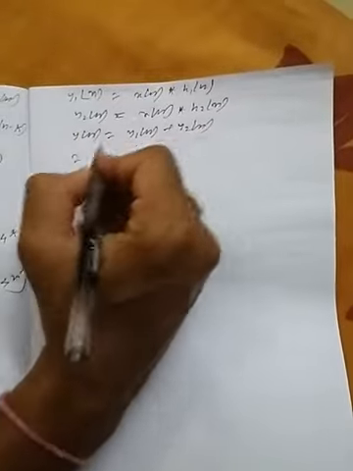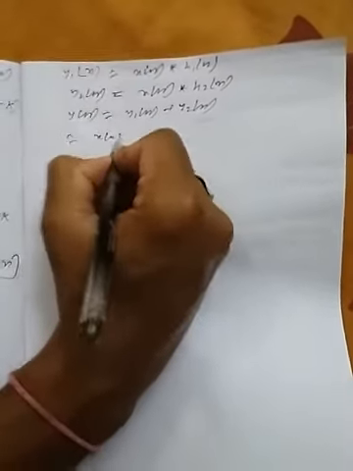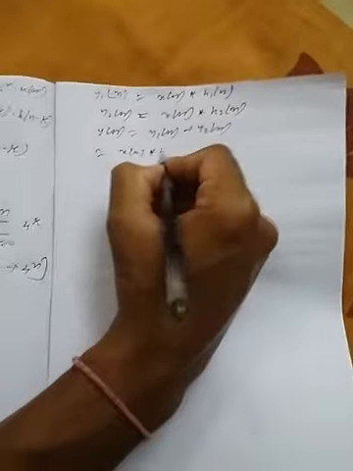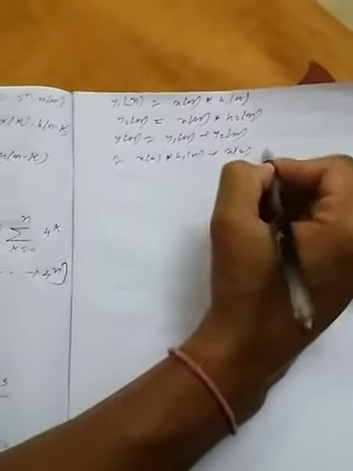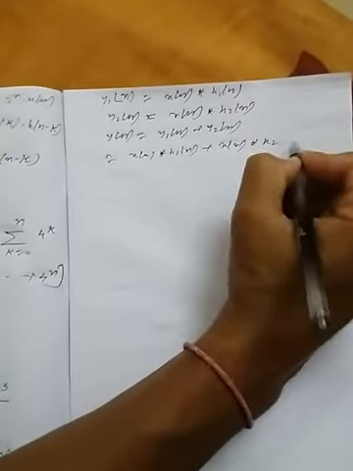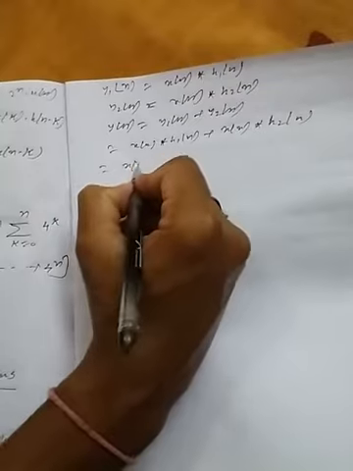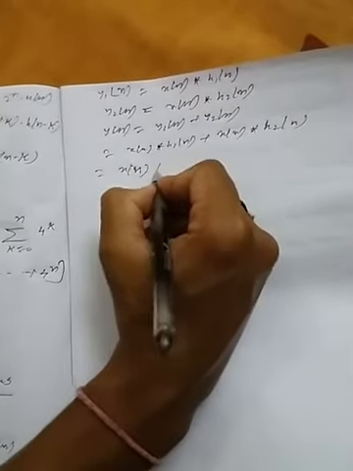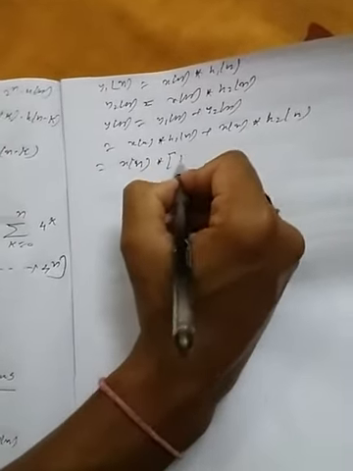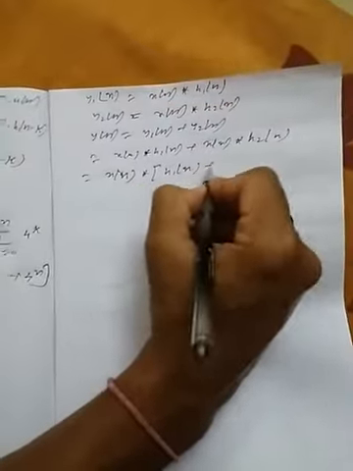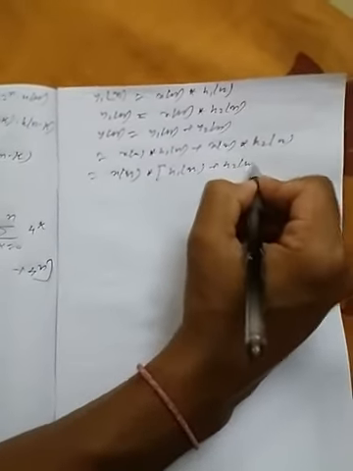Now y1n is this, so xn convolution h1n plus xn convolution h2n. So this will be equal to xn convolution of h1n plus h2n, right?